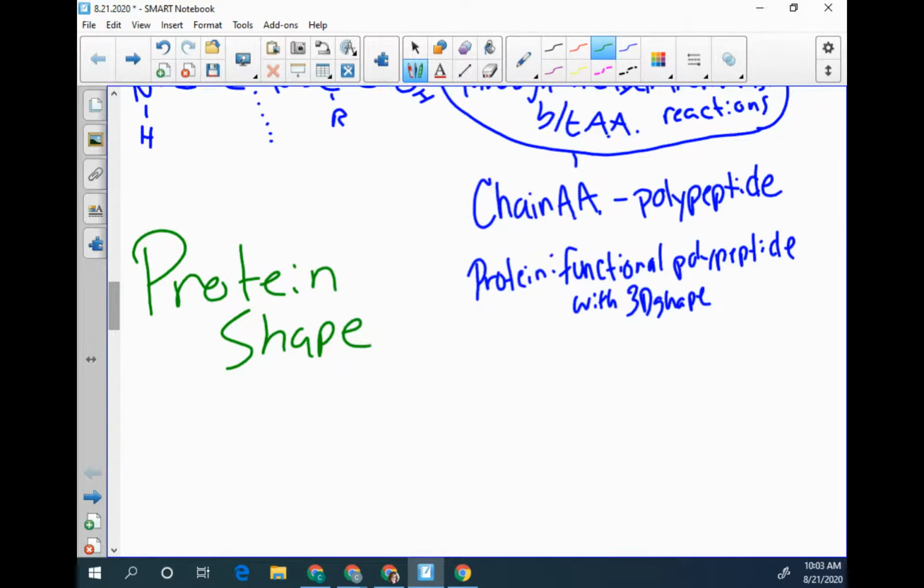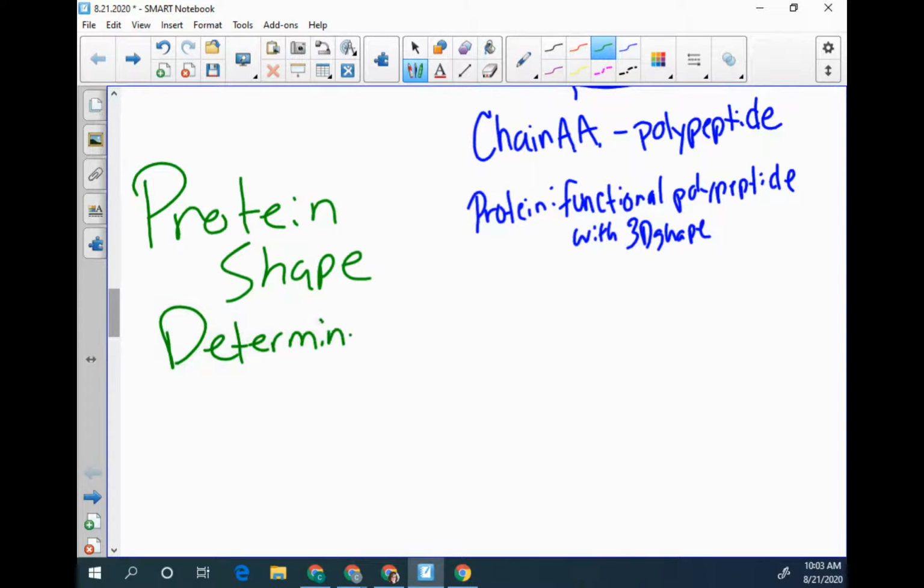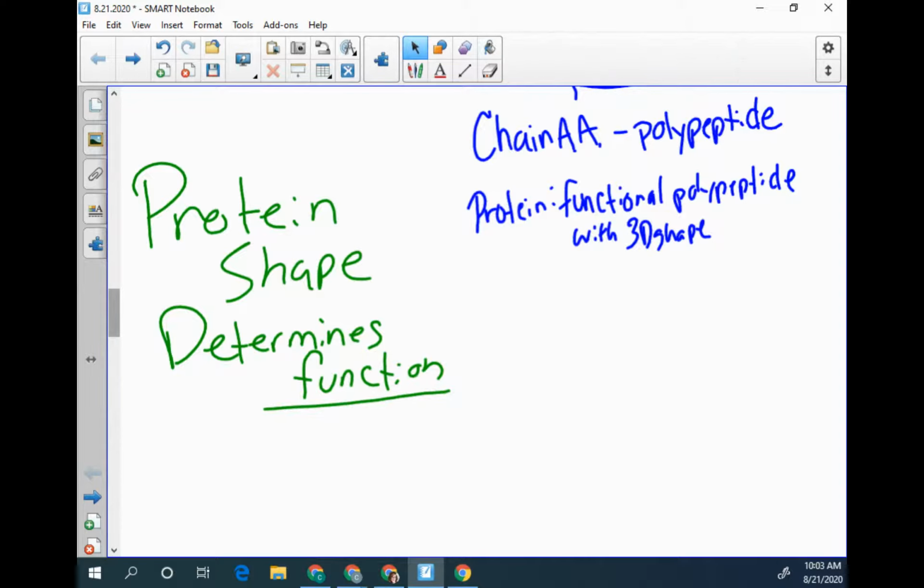Protein shape determines its function. Without a shape, a protein has no function, period, end of story. This is kind of what a lot of biochemistry boils down to. If it's shaped wrong, then we're done.